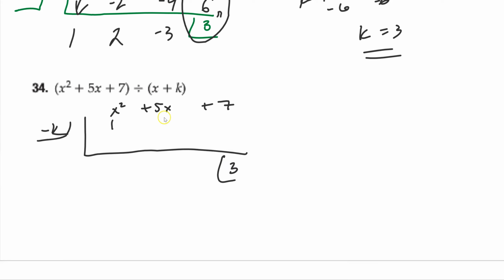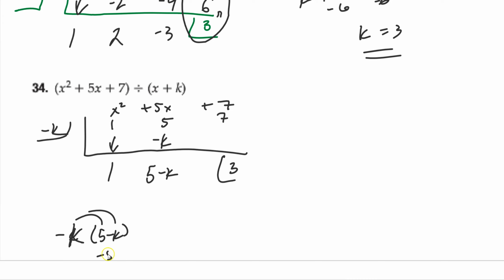But let's use the coefficients. Right, bring the first one down. Multiply across, so -k, add 5 minus k, multiply, that's not going to be pretty, but you're going to get, so -k times 5 minus k, distribute -5k plus k squared.